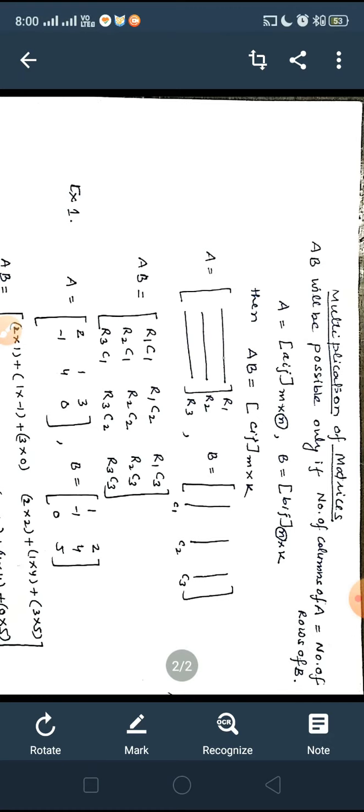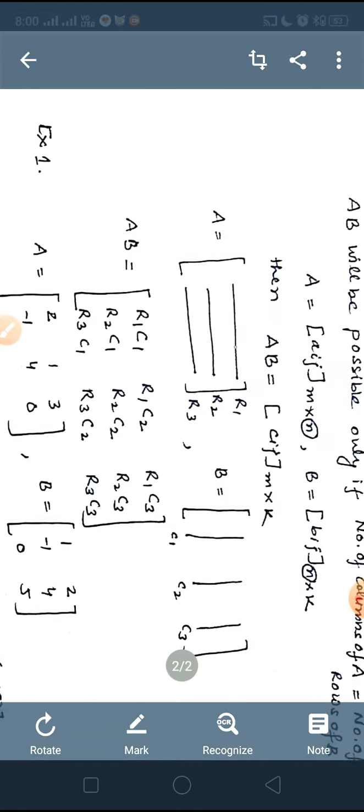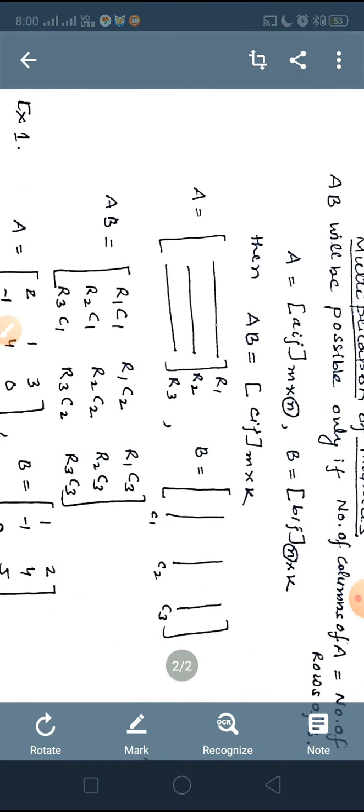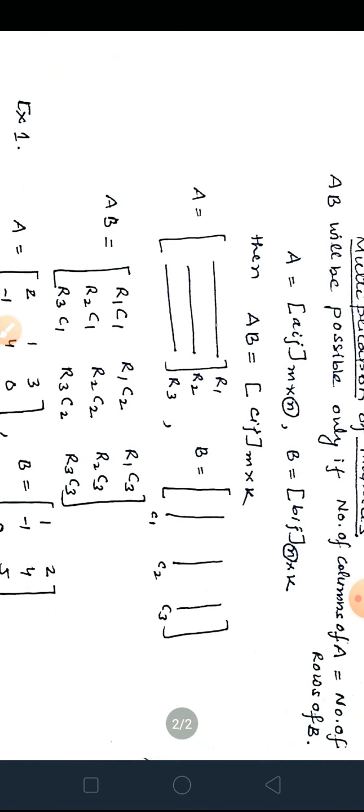AB will be possible only if the number of columns of A is equal to the number of rows of B. It means there is nothing to do with the number of rows of A and nothing to do with the number of columns of B. The only thing that matters is that the number of columns of A should be equal to the number of rows of B.